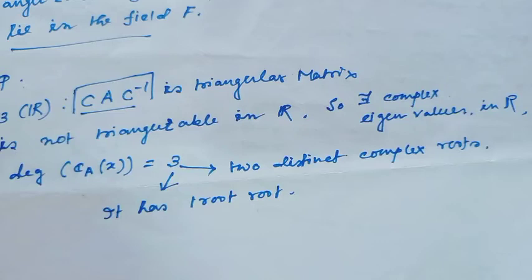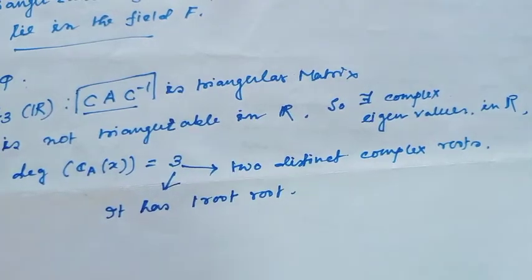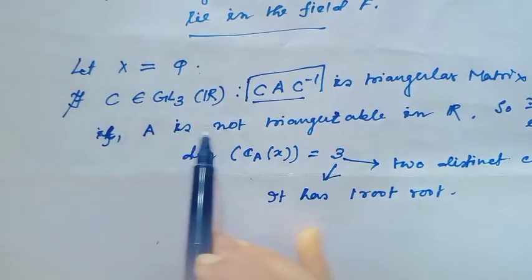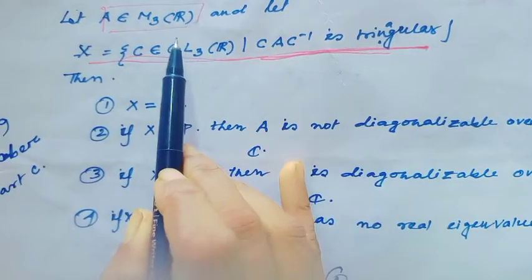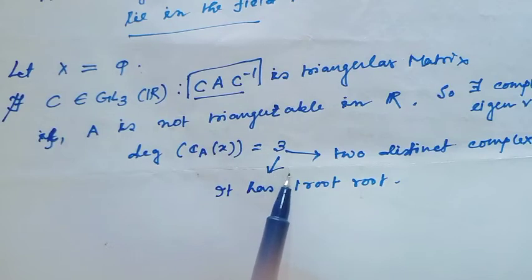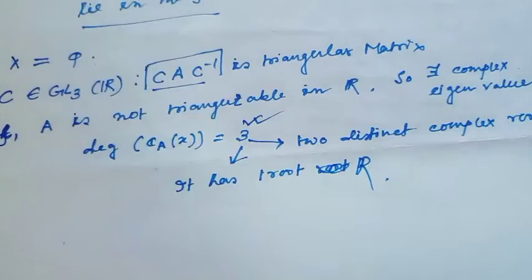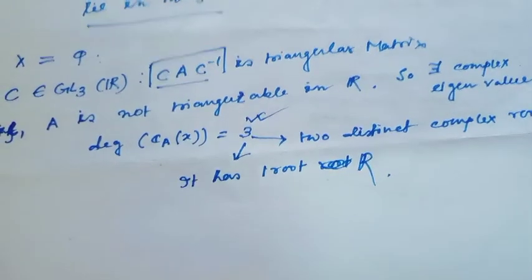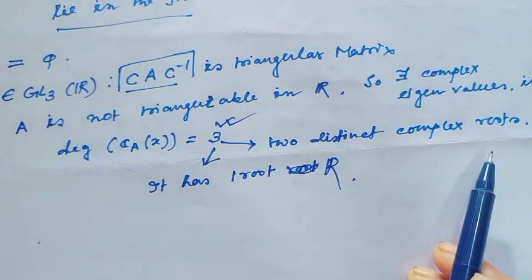Since A is not triangulable over the real numbers, obviously some eigenvalues are complex. But since A is a 3x3 matrix over the real field, the degree of the characteristic polynomial would be 3, and obviously one root always belongs to the real numbers. The other two roots would be complex roots.